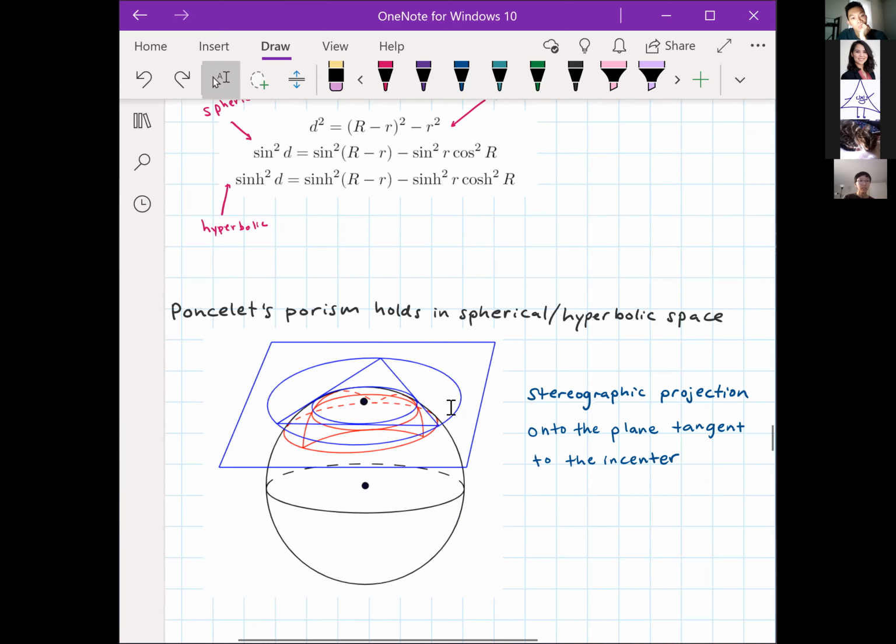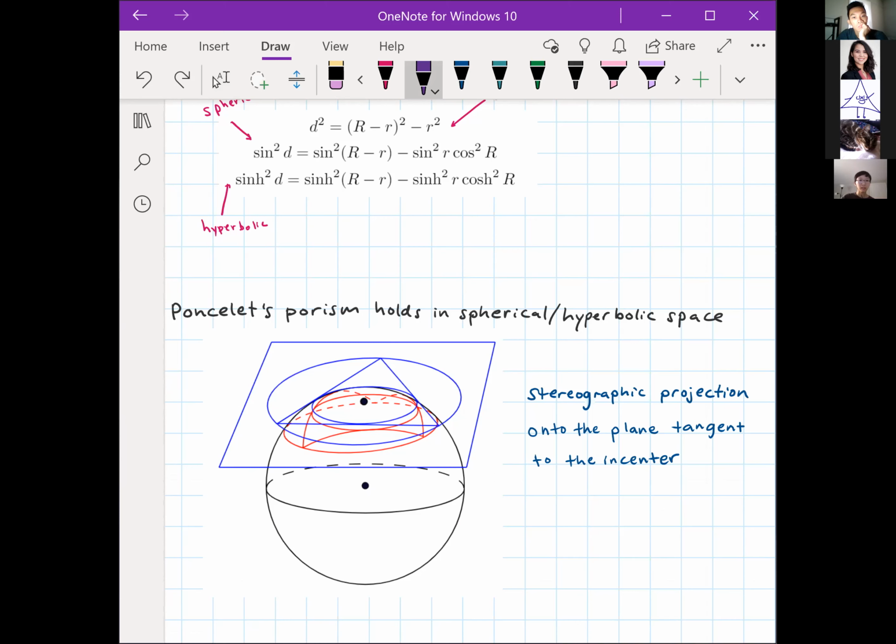And the nice thing about stereographic projection is that geodesics on the sphere get mapped to straight lines in the projection, and also circles get mapped to circles. So when we project up to the tangent plane, we get basically just the case of a Euclidean triangle, just a triangle in the plane with circumcircle and incircle. And then Poncelet's Porism holds up here.